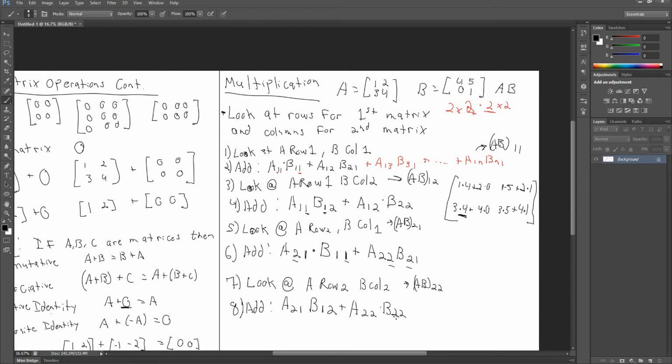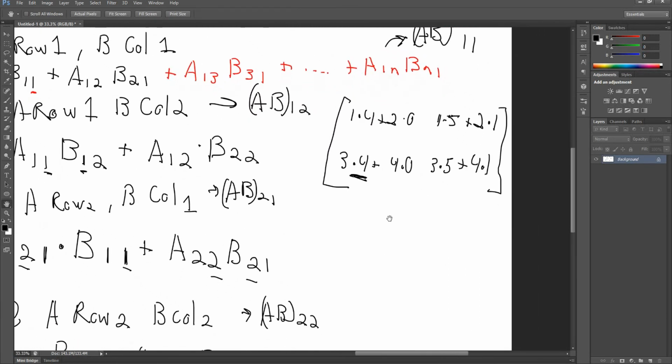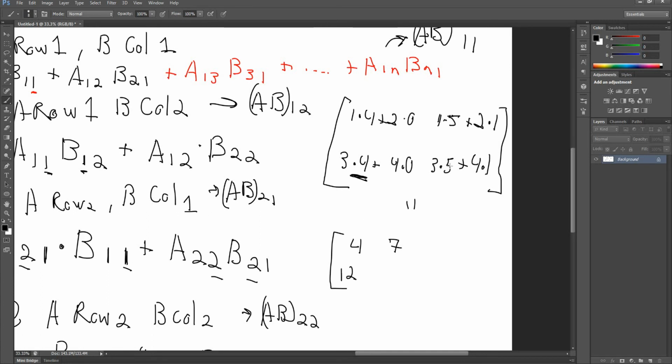I've now completed everything for this step, so I have constructed the sums for my matrix. If I were to solve, as we did yesterday, this would be 4. Then we'd have 1 times 5 plus 2 times 1 is 7. Then 3 times 4 is just 12. Plus 15 plus 4 is 19.